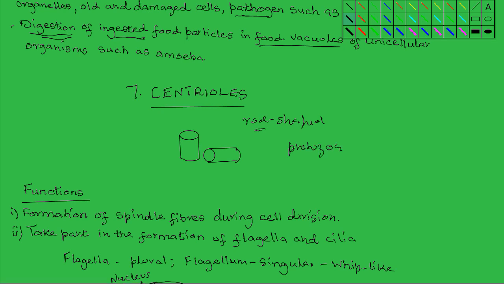These are single-celled organisms that have animal-like characteristics such as amoeba, Paramecium, and apart from the protozoa, centrioles also occur in fungal cells such as yeast.